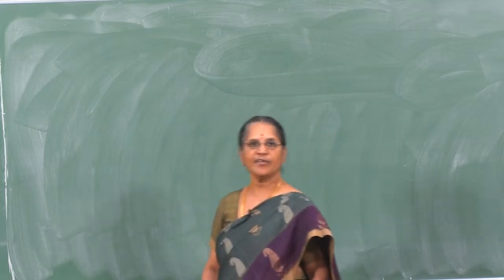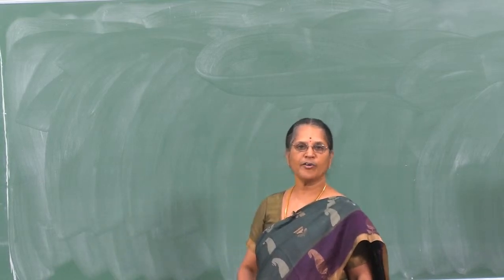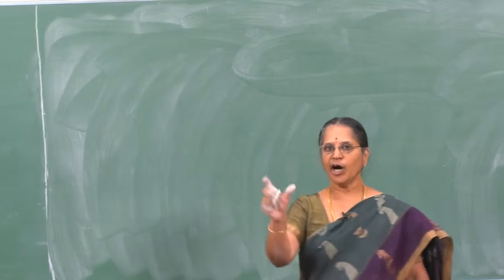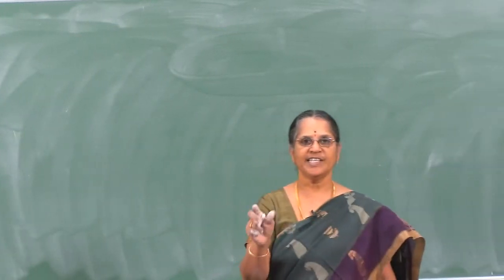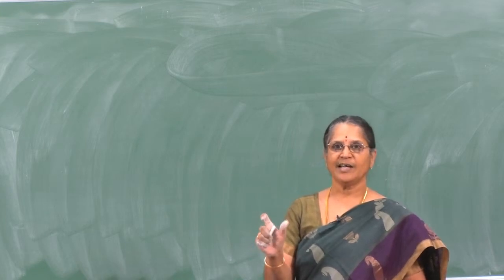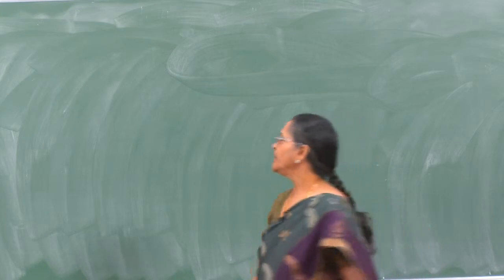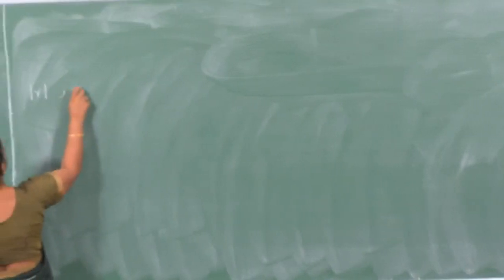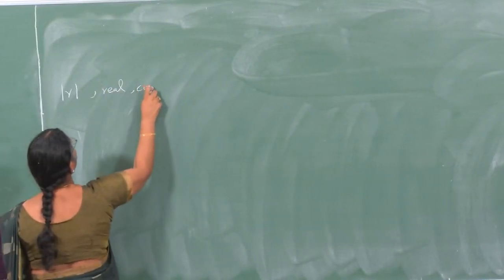So, let us define what we mean by a norm of a vector. The norm that we are going to introduce generalizes the notion of magnitude of a real number or a complex number.